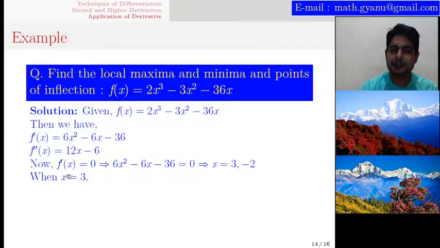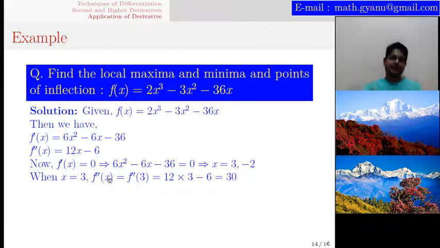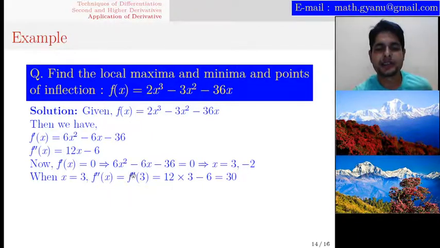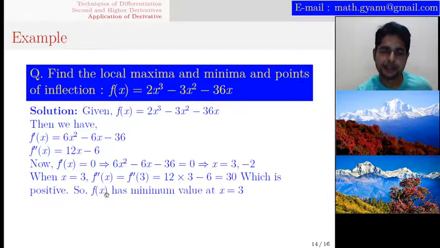When x equal to 3, the second derivative of the function at this point will be f double prime 3 equal to 12 times 3 minus 6 equal to 30, which is positive. So f(x) has a minimum value at x equal to 3, and the minimum value is f of 3.